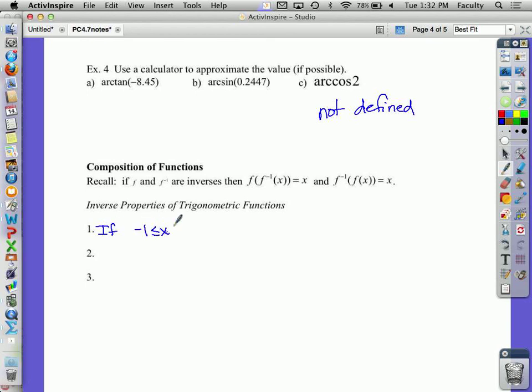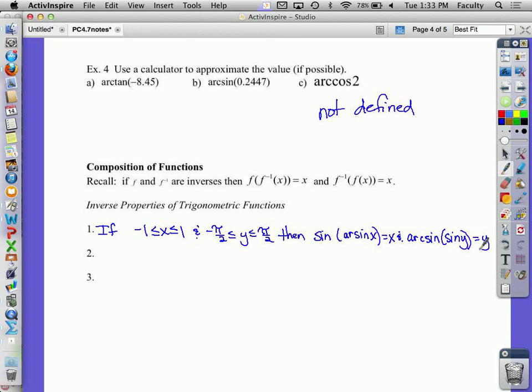If x is a number between -1 and 1, and y is a number between -pi/2 and pi/2, then the sine of arcsine of x is x, and arcsine of sine y is y.